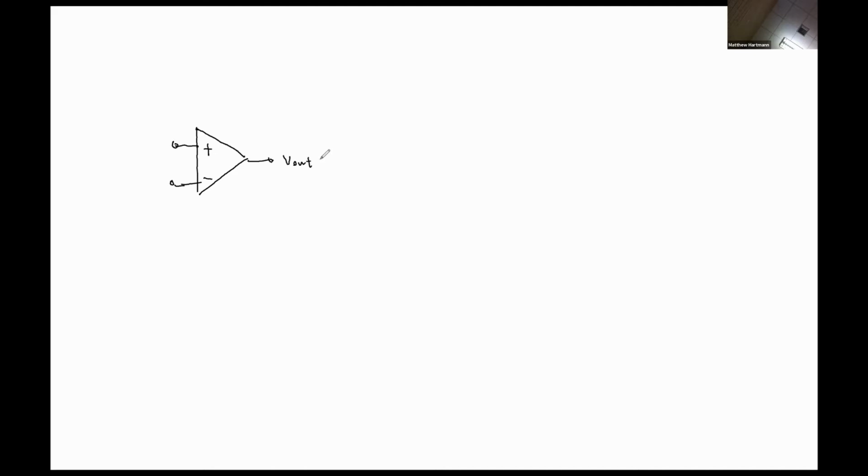This is, let's see, I'm going to call it VN plus for right now. This will be VN minus. VN plus is for the non-inverting input terminal, and VN minus is for the inverting input terminal. Is that correct? What you guys are used to?